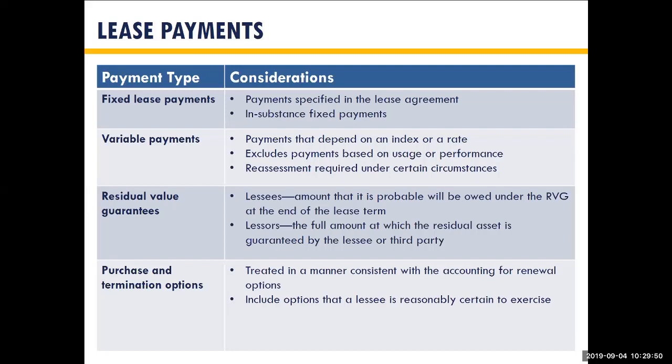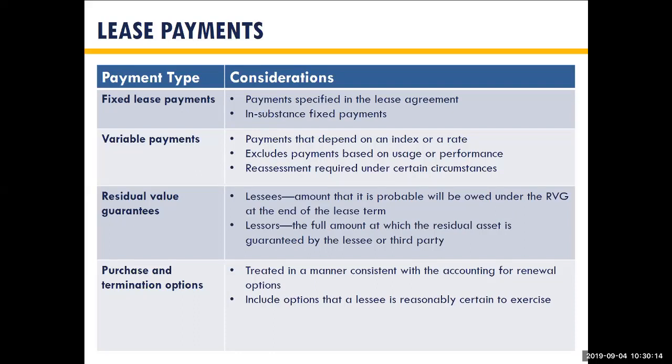So let's just say you exercise an option within the lease, something to that effect, so you reassess it for another factor, then you would have to go back and reassess the lease payments within the contract. Residual value guarantees, any amount that the lessee is probable to pay will be included within the lease.